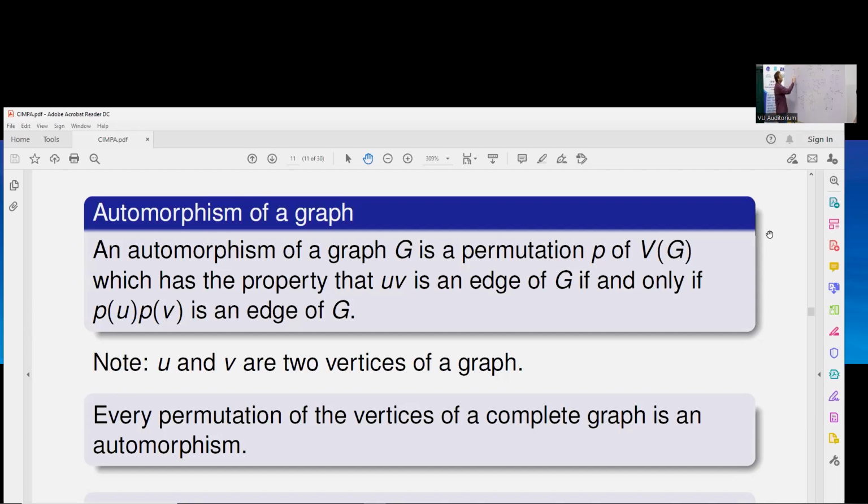Then the image of u1 will be here and the image of u3 will be here. Then this one works. You can keep this, right? But if I answer the other question, there is no automorphism which can carry this vertex to this place.